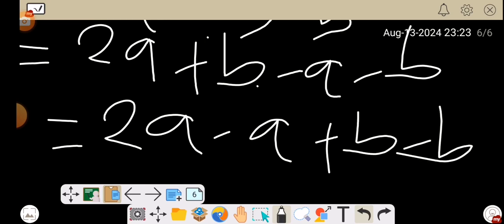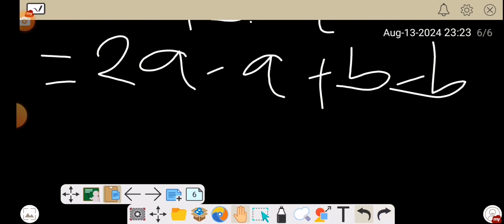These are the like terms. Always remember that any sign put in front of any letter or number should always move together with it, like what we've done here with negative a. Hopefully you followed.